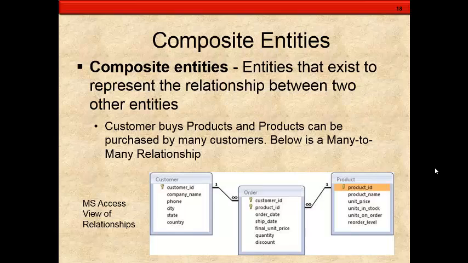All of the many-to-many relationships need to be replaced with a collection of one-to-many relationships. In other words, many customers can buy many different products, but because there's many of them, then it has to have an order composite entity in the middle of it. And this is going to come into play. You'll see this when you're working on your assignment.